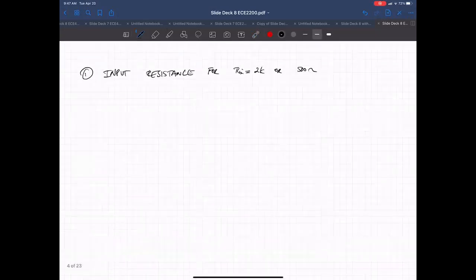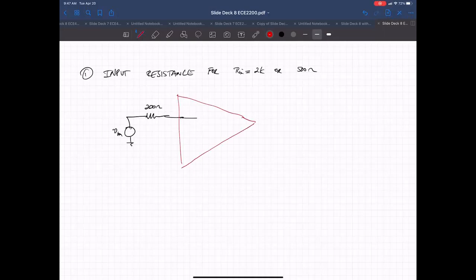So in other words, what our circuit would look like is, this is the microphone, and it has a 200 ohm resistance. And then imagine this is our amplifier, and this input resistance is 2K ohm, for example. This is where the real input to the amplifier is, or some people call it V-sense.